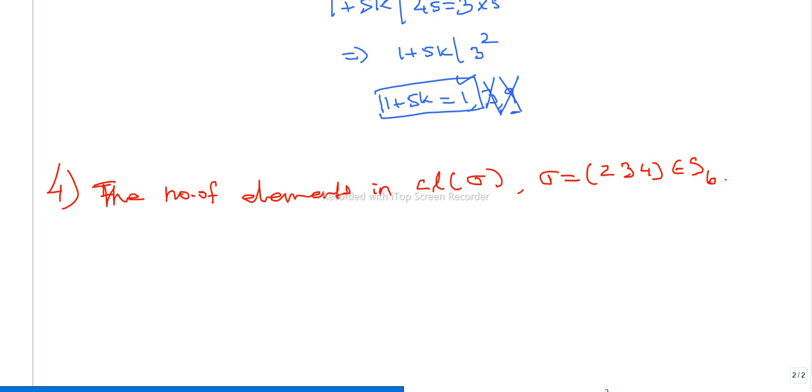Because in Sn, elements with the same cycle decomposition belong to the same conjugacy class, right? So if we find the number of elements of order 3, like 3 cycles only. Now tell me how many 3 cycles. The cycle decomposition will be 3, 1, 1 and 1, sir.